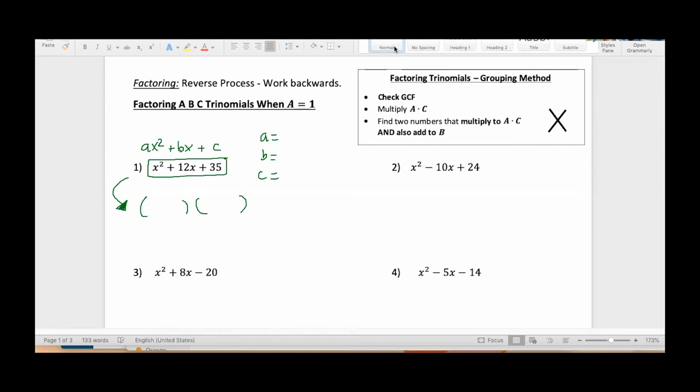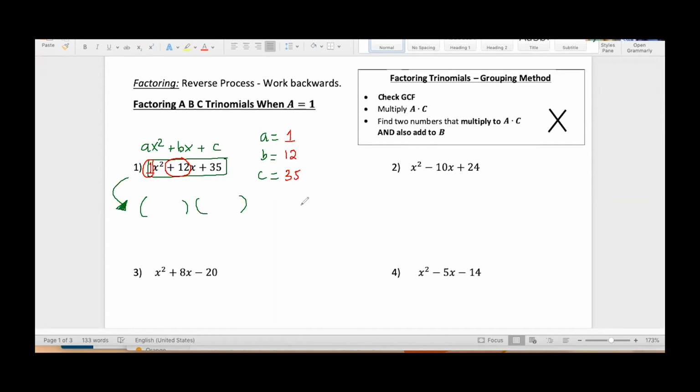You don't really see a number in front of x squared, but how many x squared do you have right here? 1, right? So technically a right here is 1. How about b? The number in front of x. That's going to be plus 12, but you don't really write plus 12, you just write 12, right? Because it's positive 12. And c is again plus 35. You don't really have to write plus 35, just write 35. So how can we factor that?